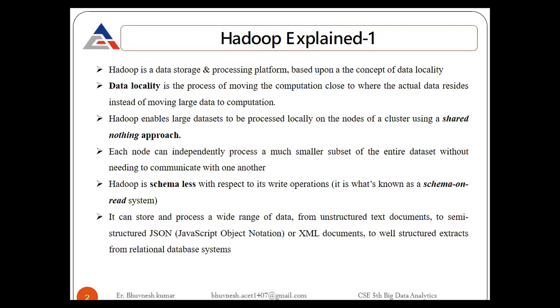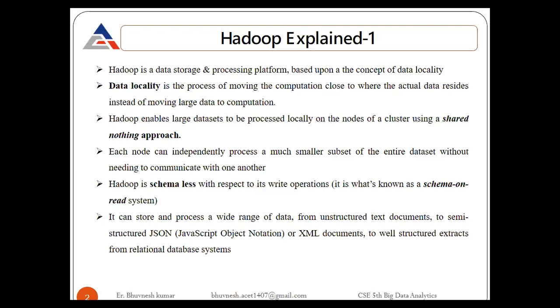This line means Hadoop enables large data sets to be processed locally, means they are processing the data locally on a particular location, on a particular server. If it is in the USA, it is working on a USA server. If it is in India, it is collecting the data of India users, analyzing and processing it.